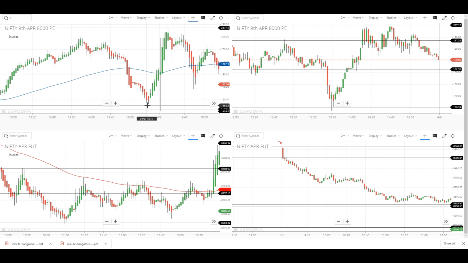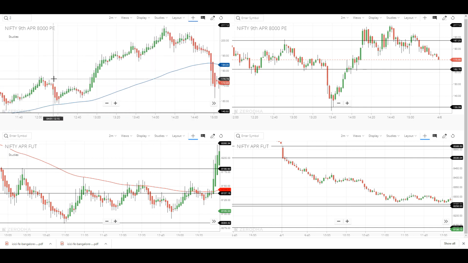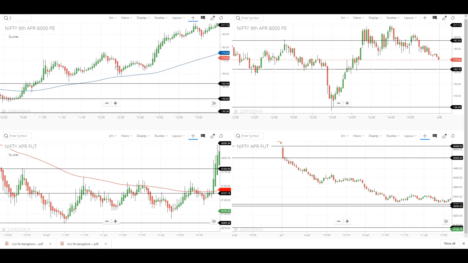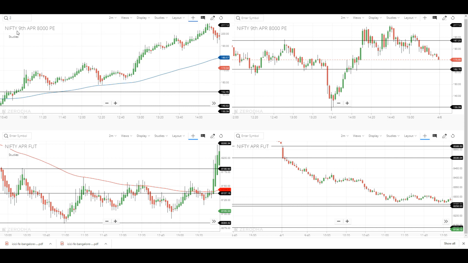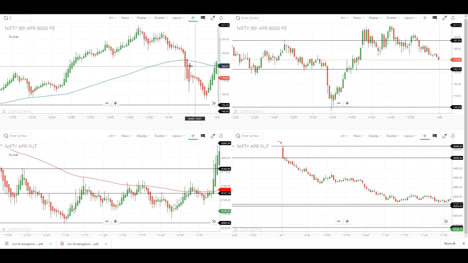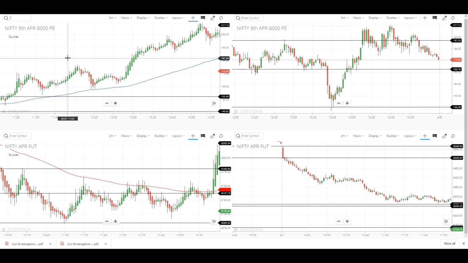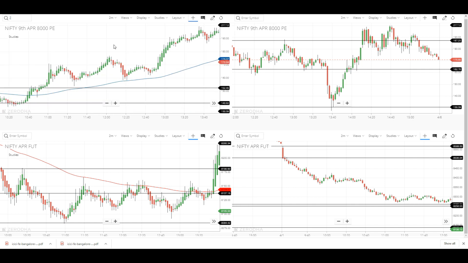Anyways, we are retailers, we don't sell, but if somebody is selling options, they can use this setup as well. What we are saying is how the entries and exits can be done. Now look at this particular thing, friends.